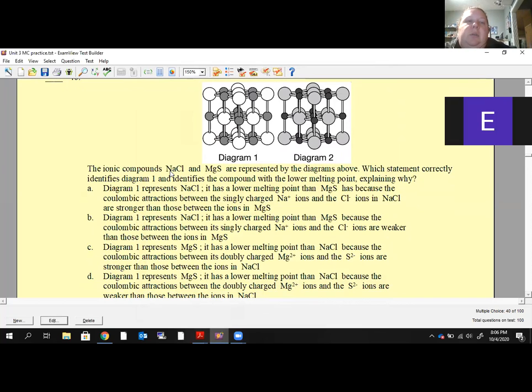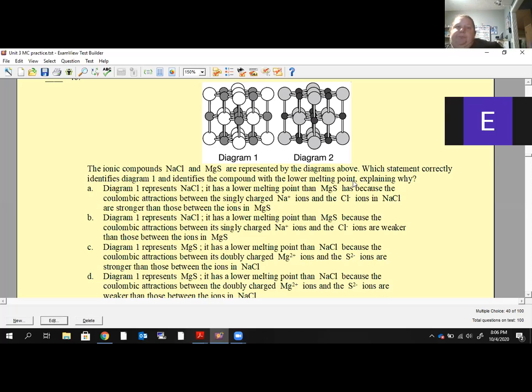So magnesium and sodium have pretty close to the same atomic size because they're right next to each other. But sulfur should be smaller than chlorine. Okay, so that's good. And then talking about melting points. So lower melting point means stronger interactions or weaker interactions? Lower melting point would be weaker.